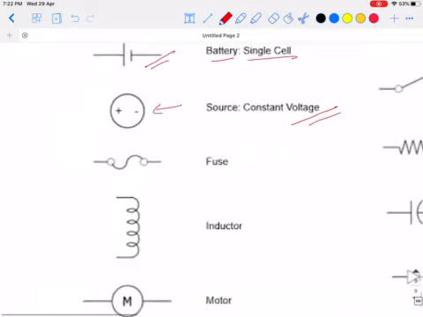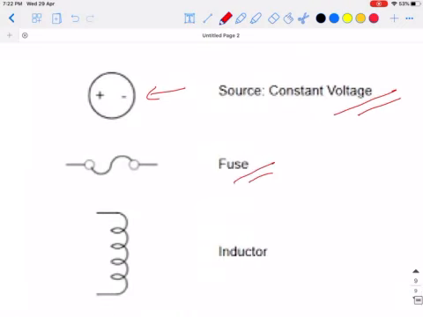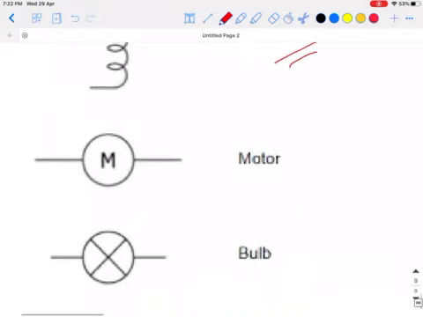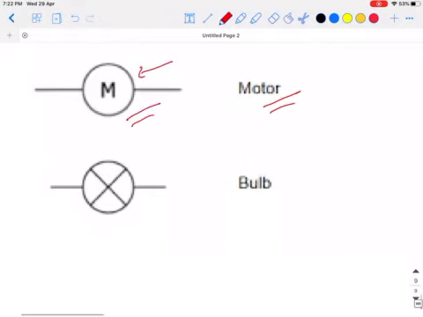Then the next symbol is the fuse, which is represented by this symbol. Then the next one is the inductor, which is represented by this symbol. Then the next one, motor, the symbol of the motor, is represented by this symbol.